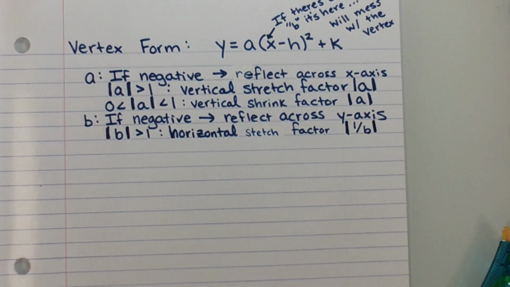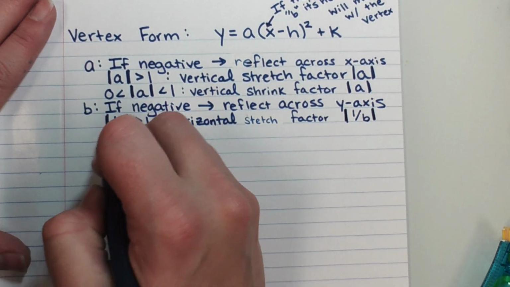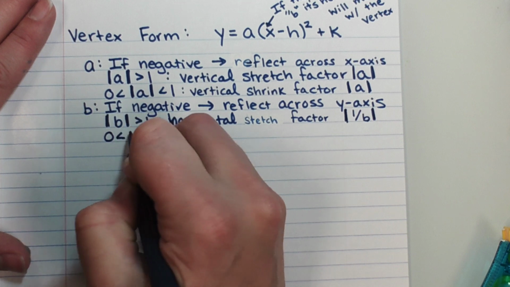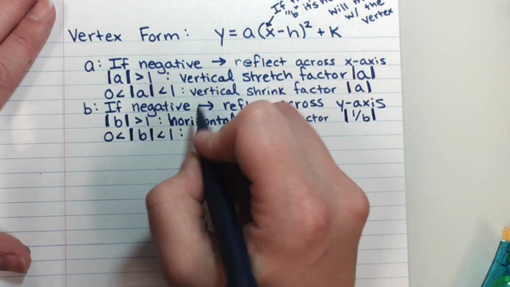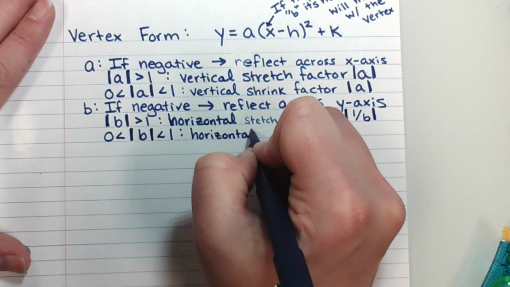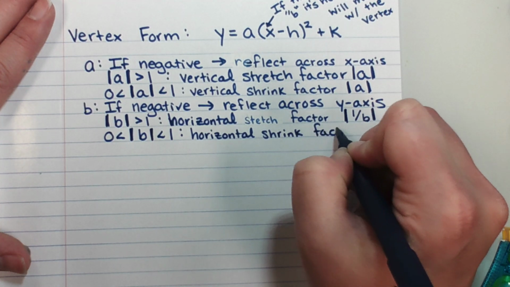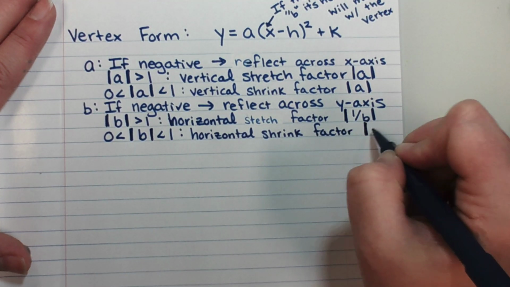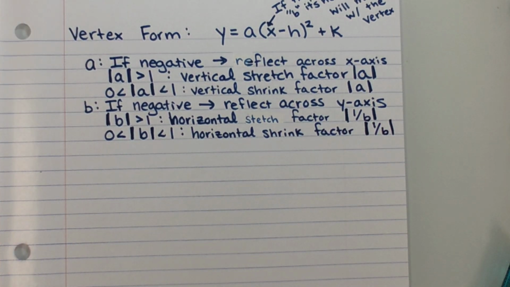A reciprocal is to do 1 over something, or to just flip the fraction. Similar to the a, if the absolute value of b is between 0 and 1, it's a horizontal shrink. Factor for horizontal is opposite of what you think it should be. It's the reciprocal of the number inside the actual equation.